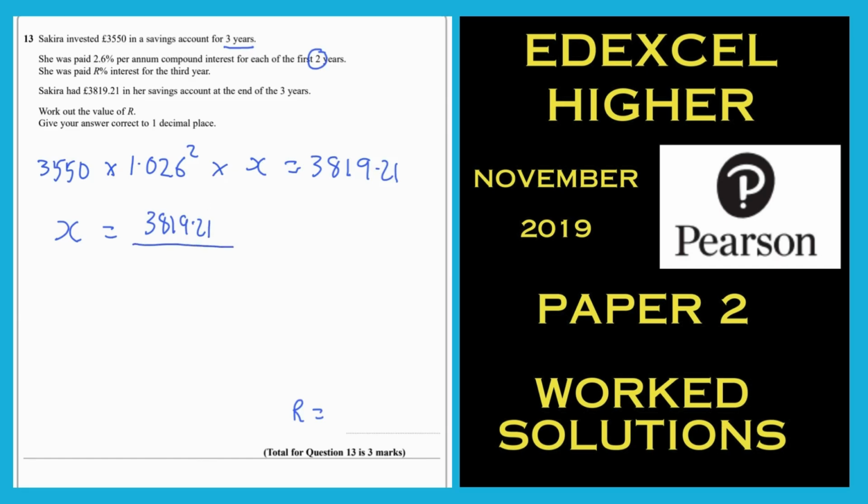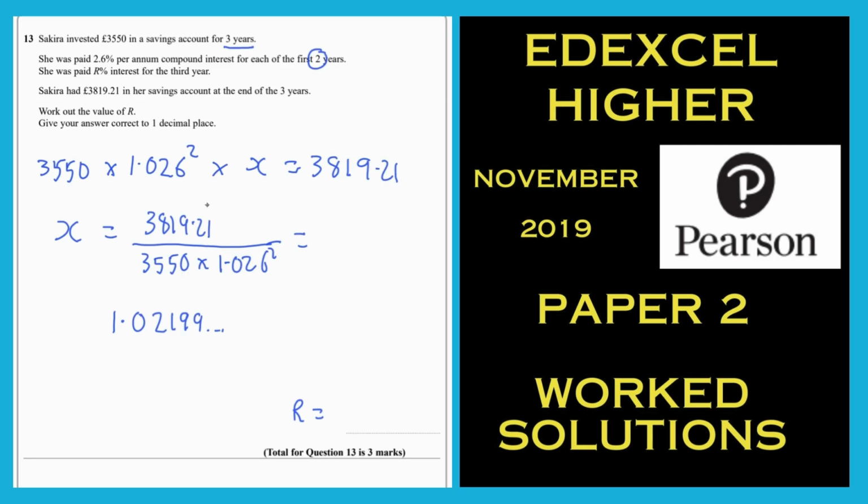It needs dividing by 3,550, whilst also being divided by 1.026 squared. And obviously you're going to get a horrible decimal. That decimal is 1.021, and if my memory serves me right, there's about 4 nines there, but we're not interested.